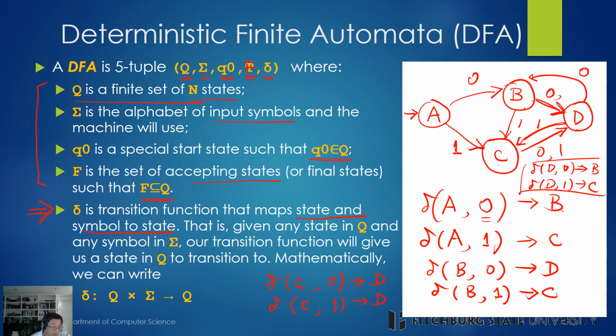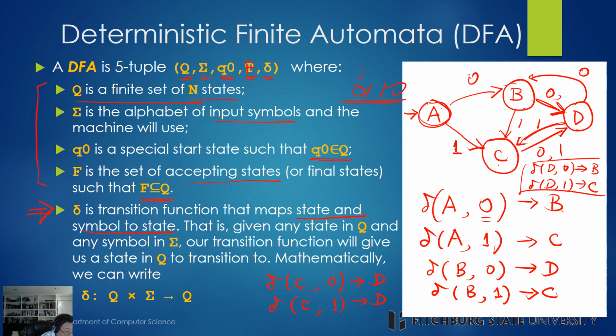Then we can decide, given the input 0110, whether this input will be accepted by this finite automata or not. Let's check. So the starting point is A.